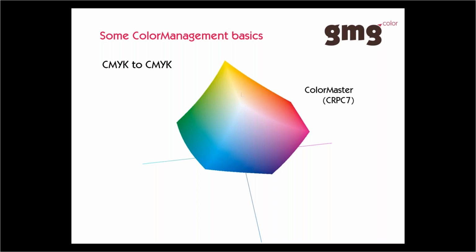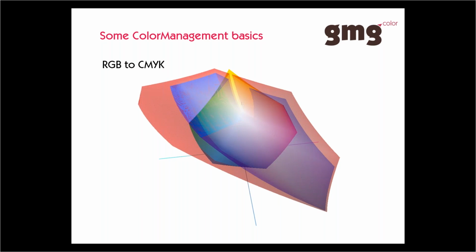So the Color Master allows slightly more vibrant colors than, for instance, FOGRA 39, since it's covering all the 4-color printing standards. Of course, when we see the comparison to RGB again, it's much less vibrant than the RGB color spaces, since we are still talking about a CMYK color space.